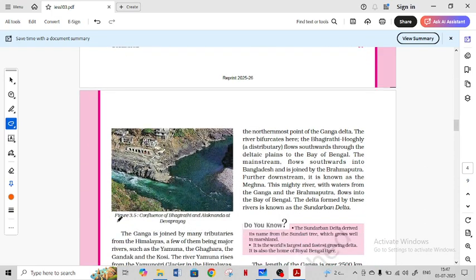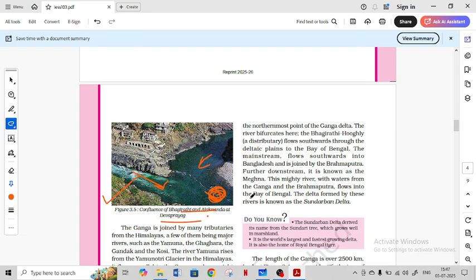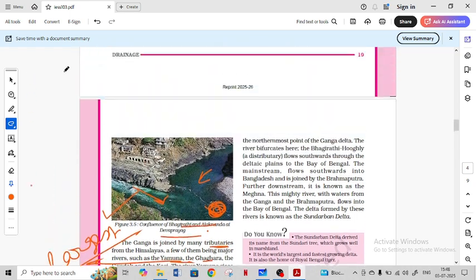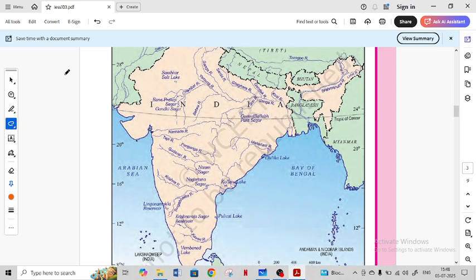In this picture is the confluence of Bhagirathi and Alakananda at Devaprayag. Bhagirathi and Alakananda come from two directions, and from this point it is known as Ganga. Now let's talk about the tributaries of the Ganga. The largest tributary of the Ganga is the Yamuna. The tributaries include Yamuna, Ghagra, Gandak, and Kosi, and we have right bank and left bank tributaries. Let's take an example from this map.